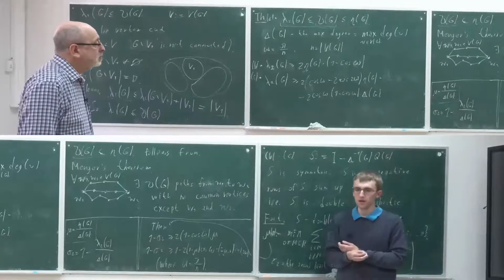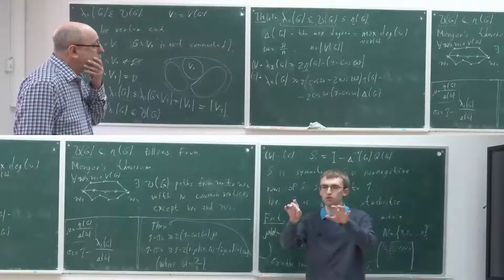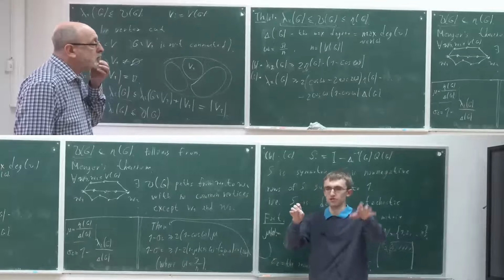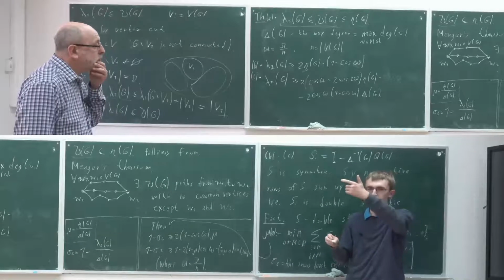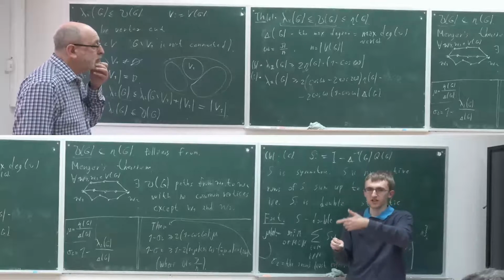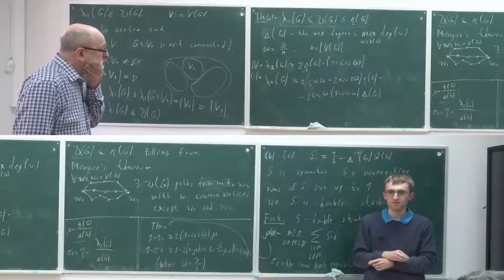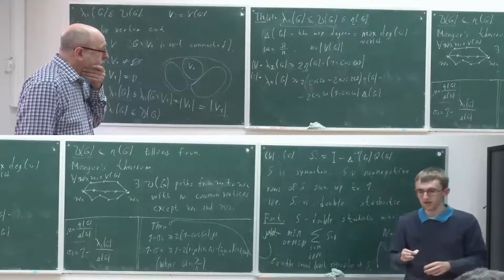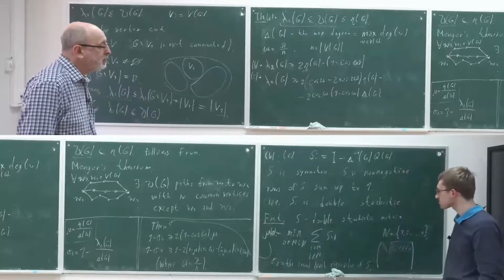Well, what does it mean? It means that we can split all vertices of G into two subsets such that we have not more than k edges between different subsets. So this is the key point. And this is essentially the same as mu.